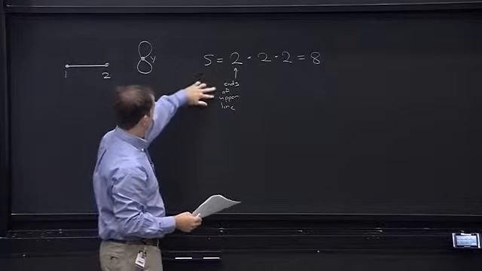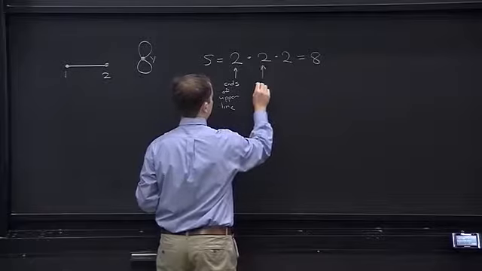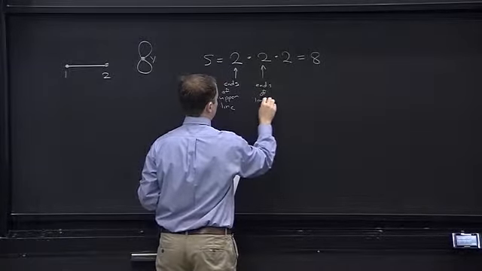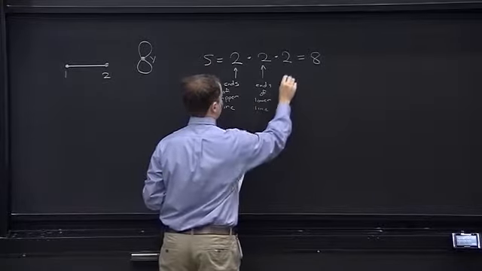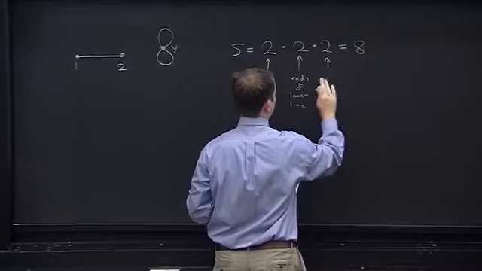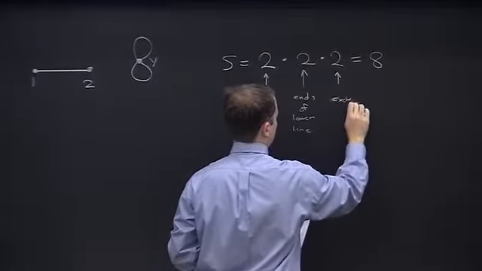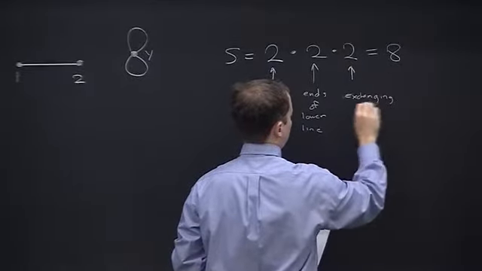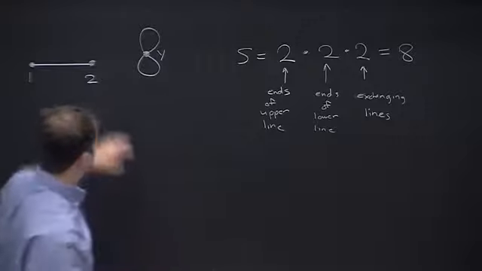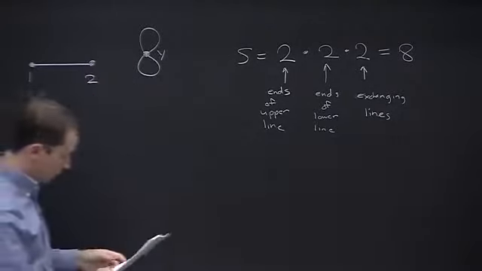So we get a factor of 2 from exchanging the ends of the upper line, a similar factor of 2 for exchanging the ends of the lower line, and a factor of 2 from exchanging the lines. So this gives us a symmetry factor of 8 for this diagram.